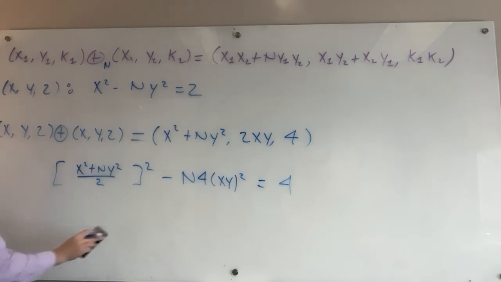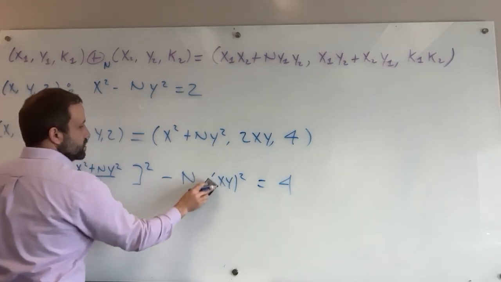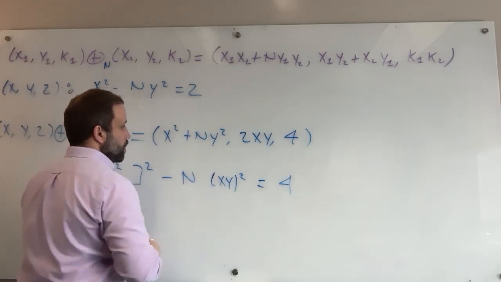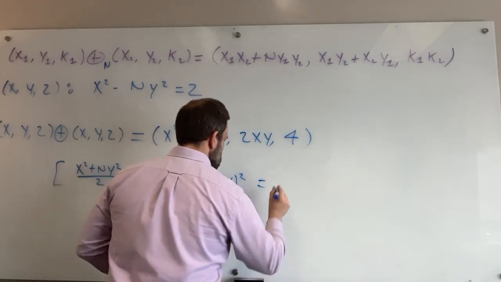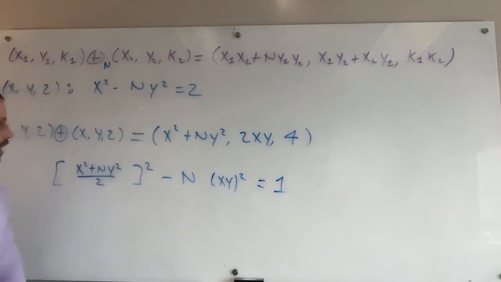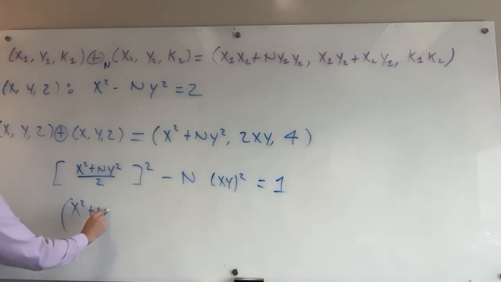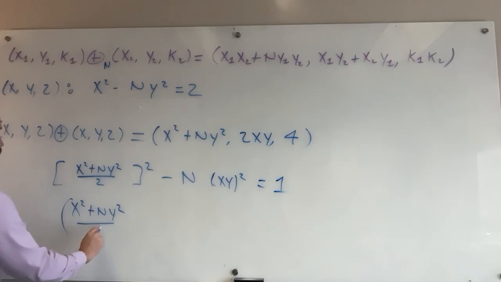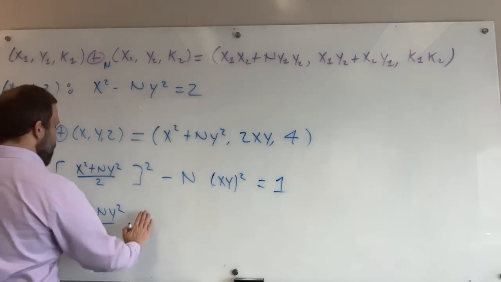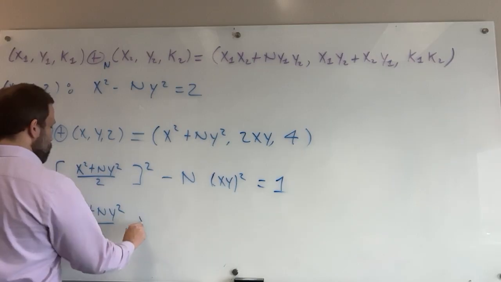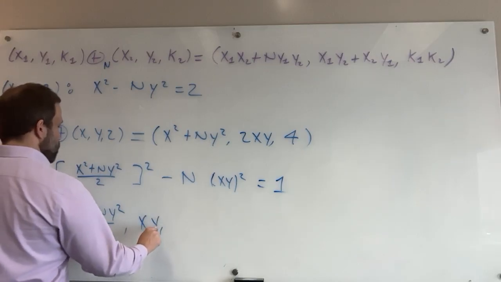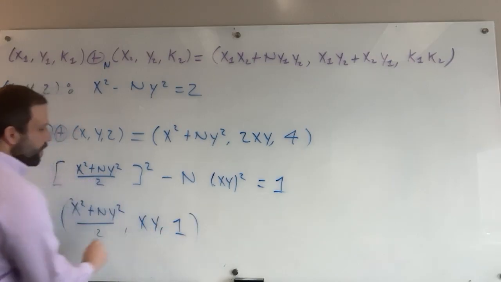I've got this plus this is equal to 1. And so now my Brahmagupta triple is x squared plus n y squared divided by 2. Then I'm going to have xy and then I'm going to have 1.